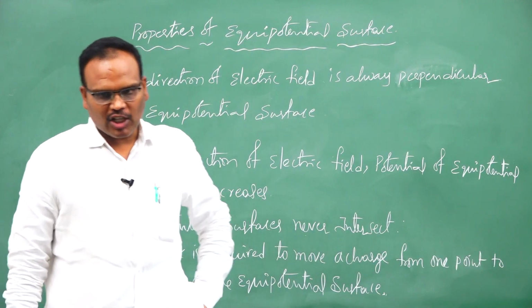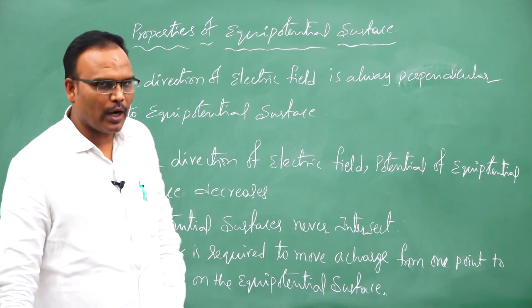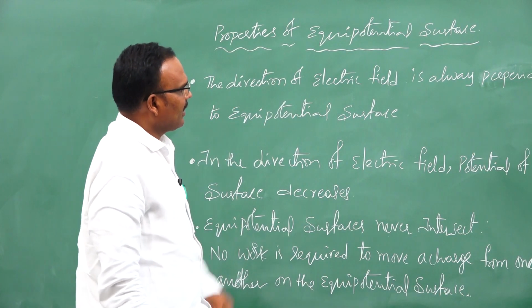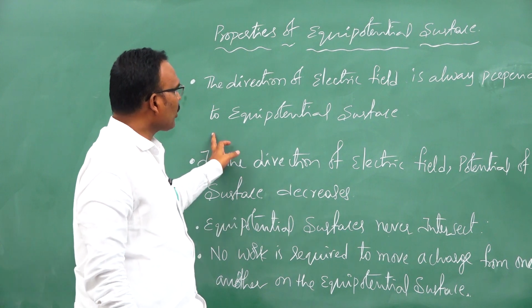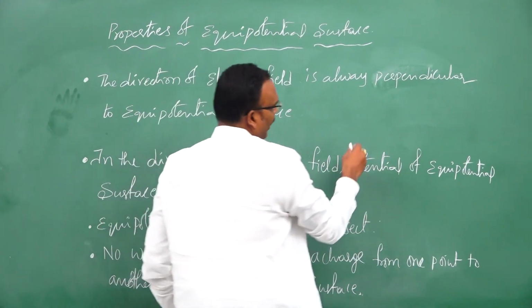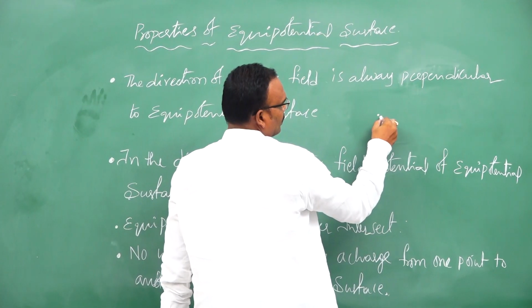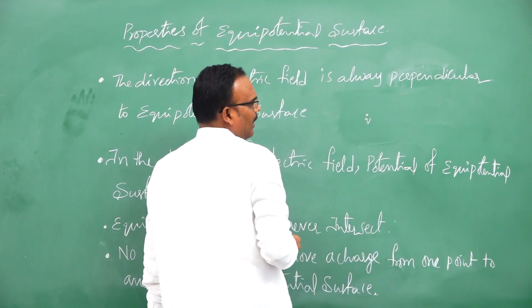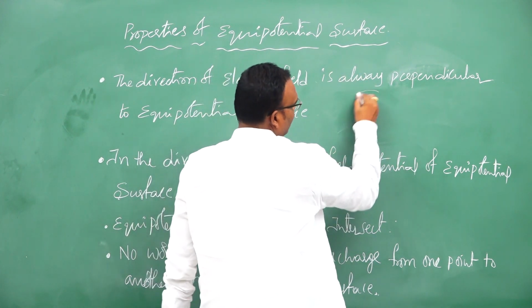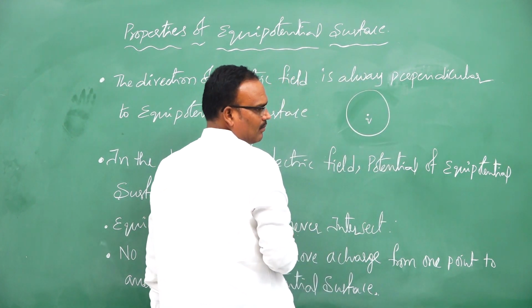Properties of equipotential surface, important for board exam. First one, the direction of electric field is always perpendicular to the equipotential surface. See, for example, in case of a point charge, electric field is spherical, its equipotential surface is a sphere.